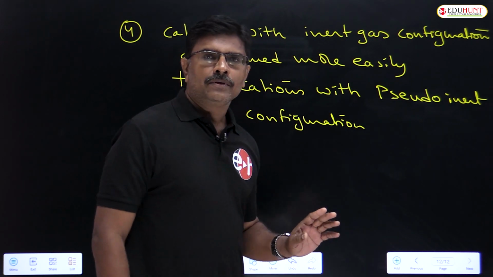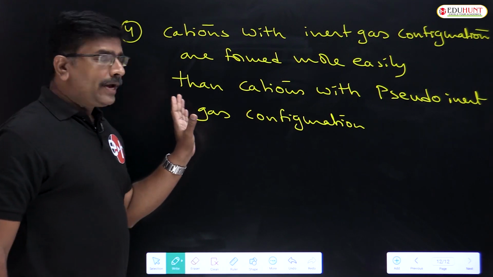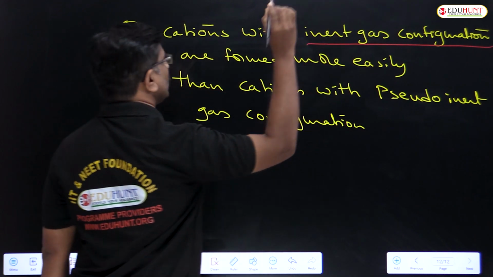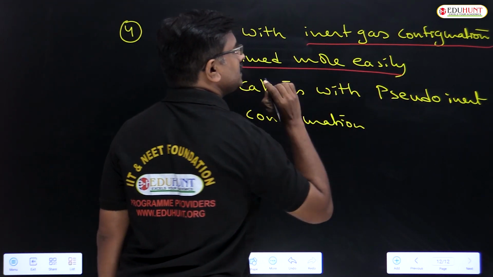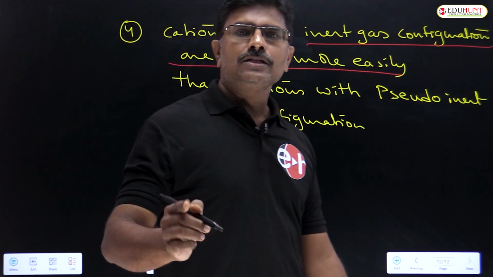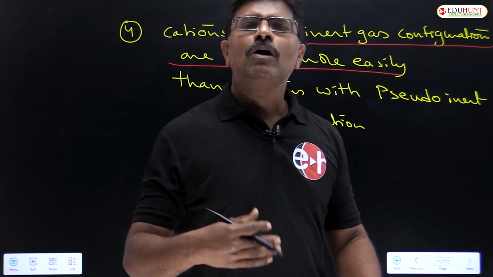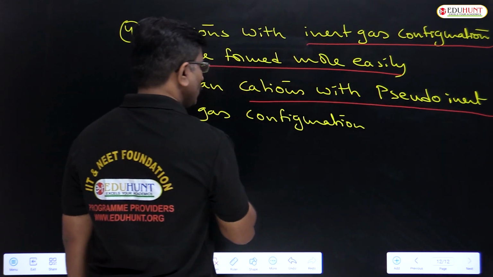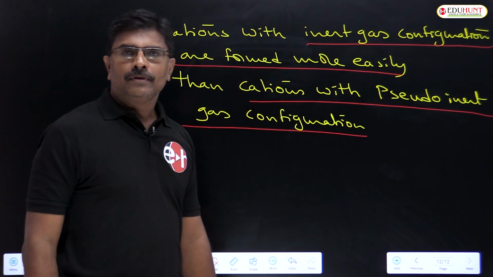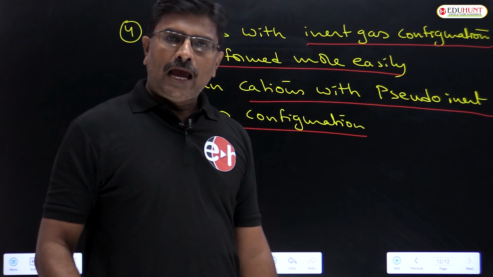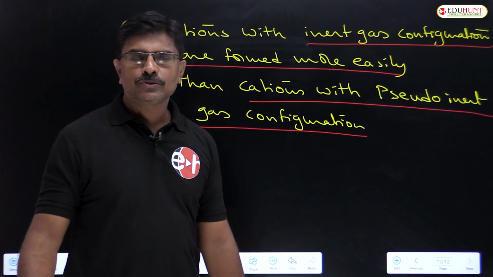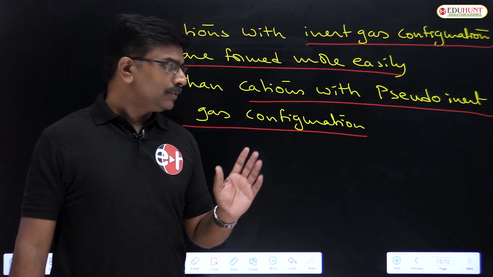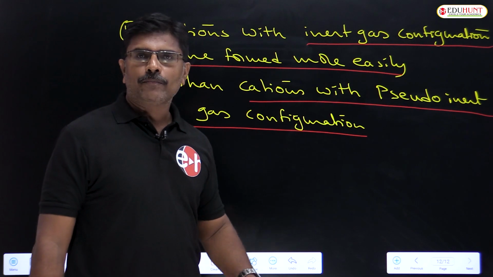The point is, cations with inert gas configuration are formed more easily than cations with pseudo inert gas configuration. Keep this point in mind. I'll explain both again so that it becomes easy for you to remember this favorable condition.